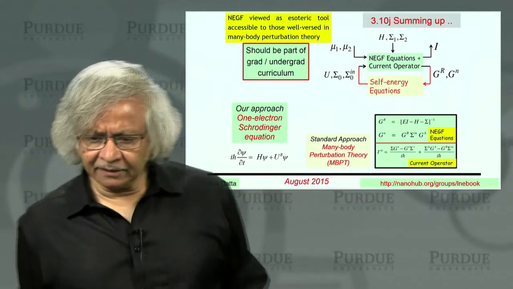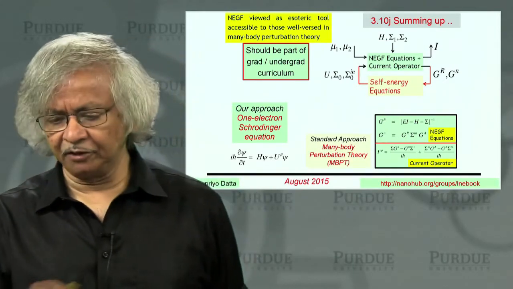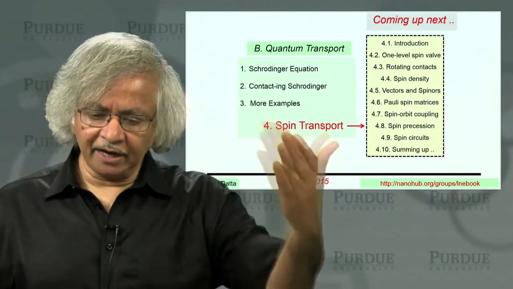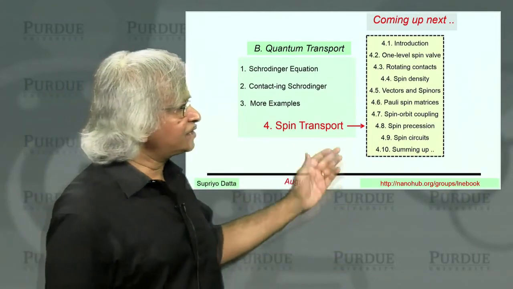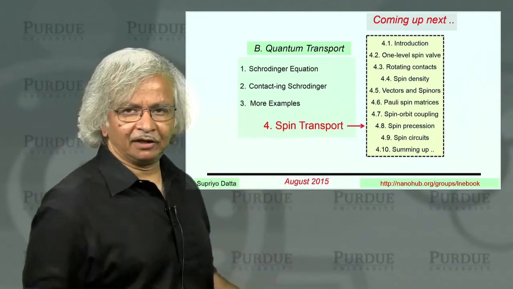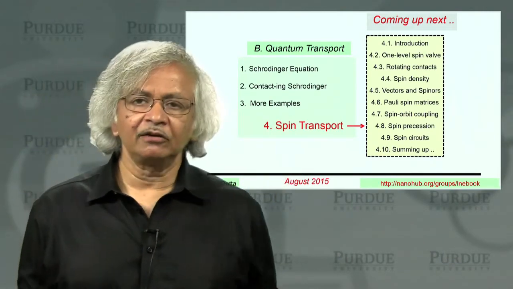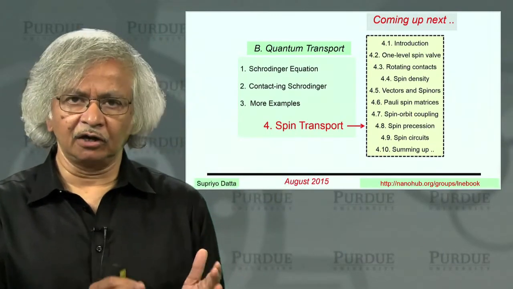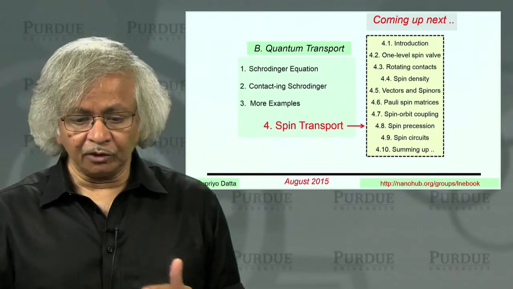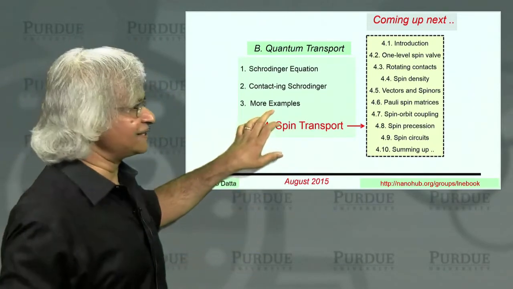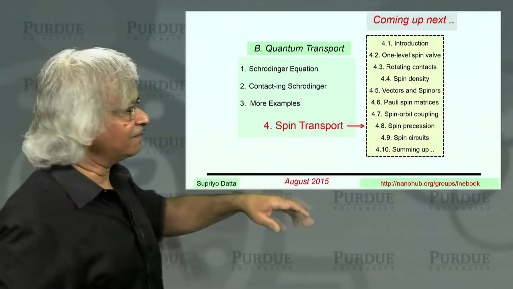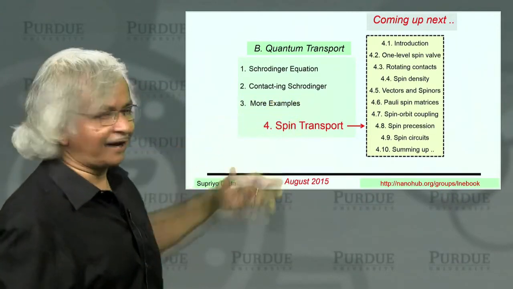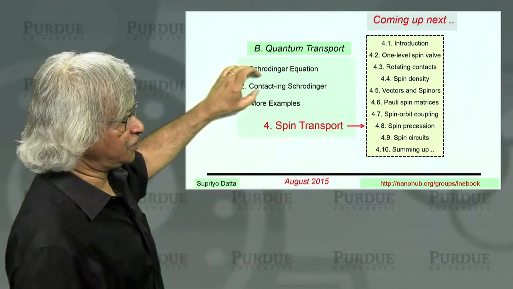Well, with that then, I guess we can close up this unit, and we'd end with one more unit in this course about spin transport, which gives you a very good example of great current interest where you can use the formalism that we talked about, this NEGF method, which I usually don't refer to as NEGF method, but rather say that, well, it's just a basic method for adding contacts to the Schrodinger equation.